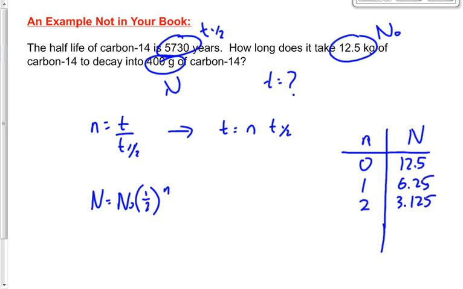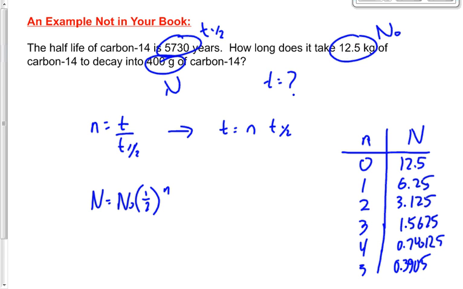After 3 half-lives, let's keep dividing that by 2. 3.125 divided by 2 is 1.5625. After 4 half-lives, we've got 0.78125. After 5 half-lives, we get 0.3906.